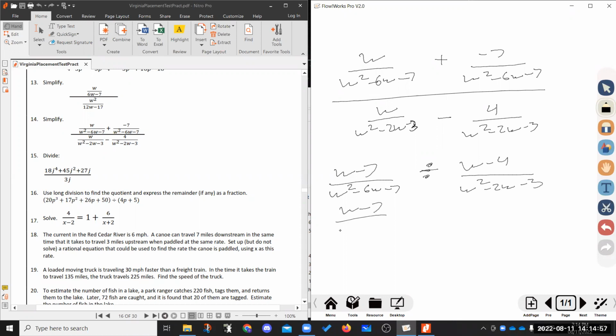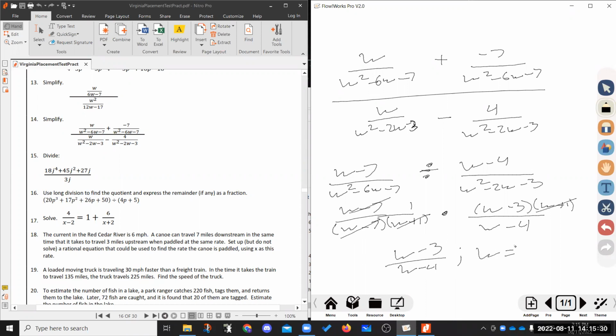That's going to be w minus 7 over (w minus 7)(w plus 1), times w minus 4 in the bottom here, and (w minus 3)(w plus 1) is in the numerator here. When we multiply by the reciprocal of that, the w plus 1s will cancel. The w minus 7s here will cancel. And that'll leave me with w minus 3 over w minus 4.